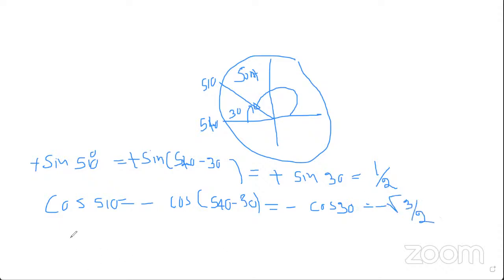And if it is tan 510, you know, in the obtuse angle of the second quadrant, it is always negative because only sine is positive. Negative tan of 540 minus 30, and it is negative tan 30. And you will be getting minus 1 over root 3.